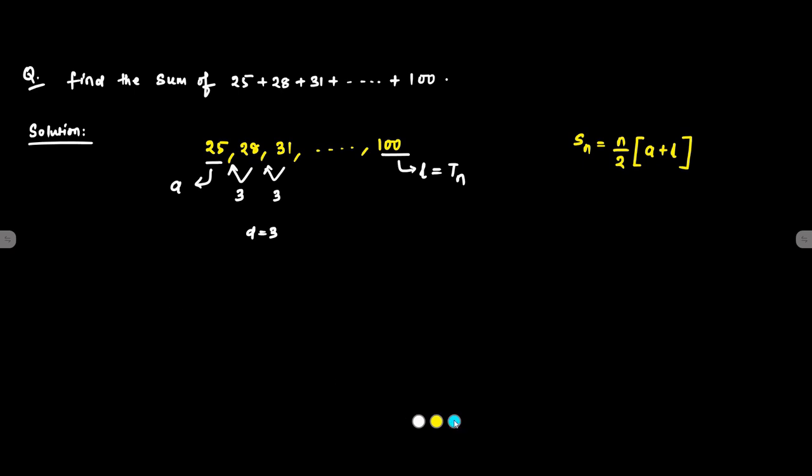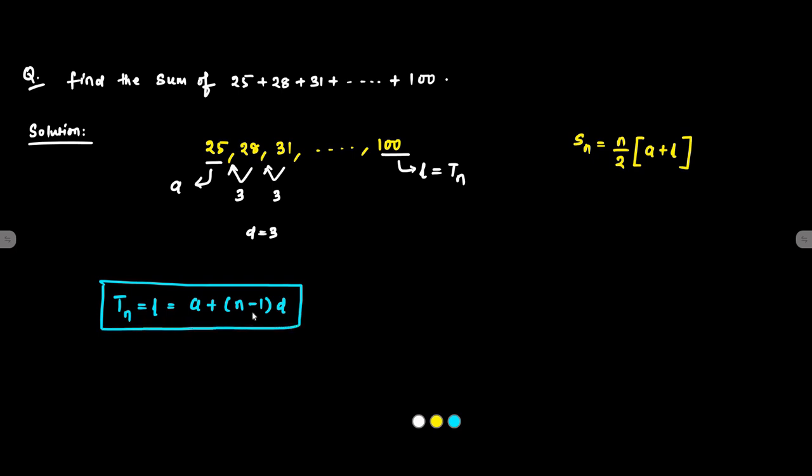The general nth term formula says that Tn, which is the last term, is equal to A plus n minus 1 into D. This is the formula. Our objective is to find the value of n.